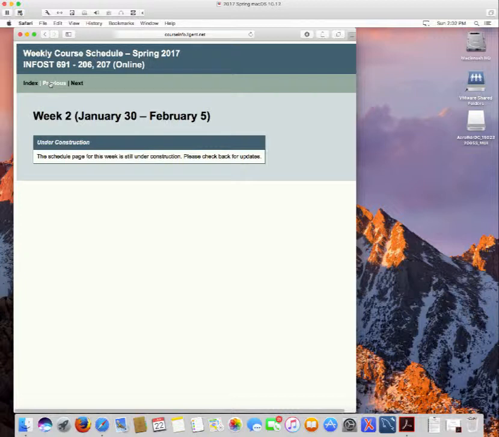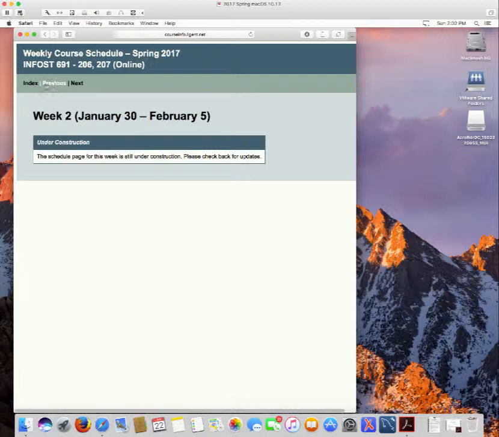As we go through the syllabus, you'll see that the schedule is pretty well laid out, and of course, we did that when we designed the course. But the official version is going to be the version that lives in this weekly schedule application. And I'm going to finish populating it in the next day or two.